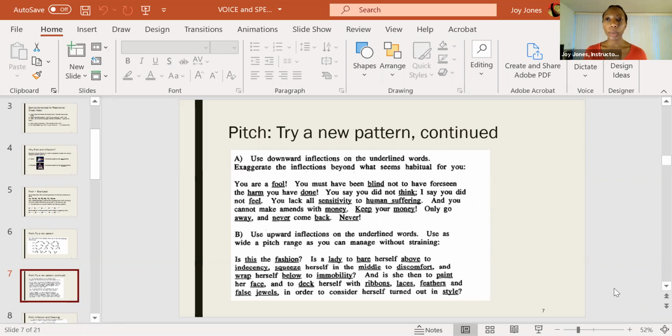One of the first times I was teaching this course, a gentleman came up to me after class, and he said that it was a revelation for him that people typically go up on upward inflections when they're asking questions, as Ben not only did in this passage, but in other words as well. He realized that he never asked questions with upward inflections, and that people in his office never knew when he was asking questions.